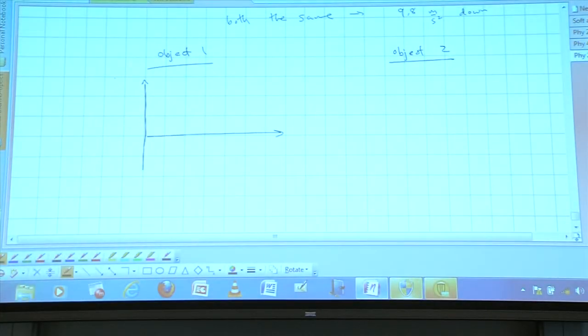Okay. Velocity versus time. And we'll make that, what should we make that? How about v sub x versus time. And then we'll do v sub y versus time underneath that.